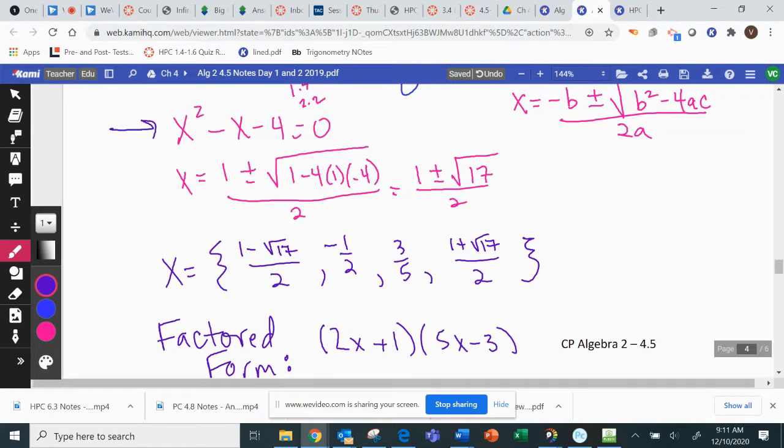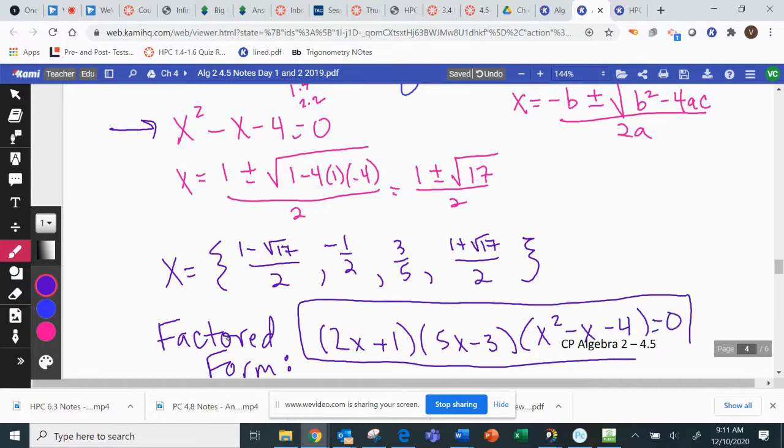We couldn't factor that one, could we? So the last one I would put as x squared minus x minus 4, because we couldn't factor that last part. So that's how I would write that in factored form. I would have the 2 factors we could get, and then the quadratic that we had to use quadratic formula for.